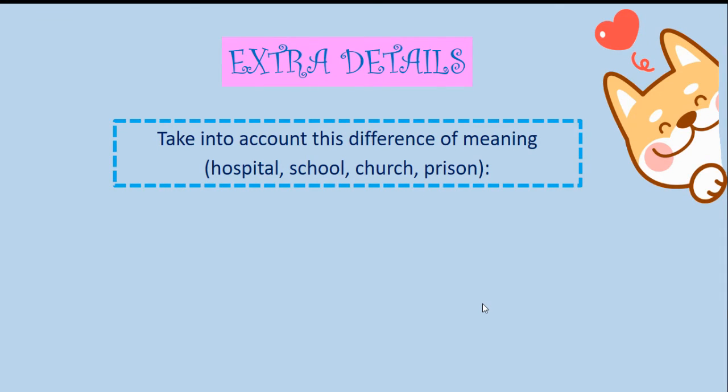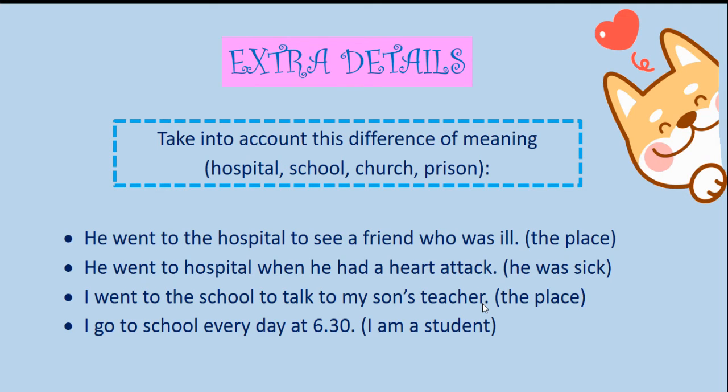I think we have more, but let's focus on these four words. When we say, he went to the hospital to see a friend who was ill, we refer to the place. He went to hospital when he had a heart attack, he was sick. Okay, don't forget the: you emphasize the place. If you have nothing, in the case of hospital, it means that you were sick.